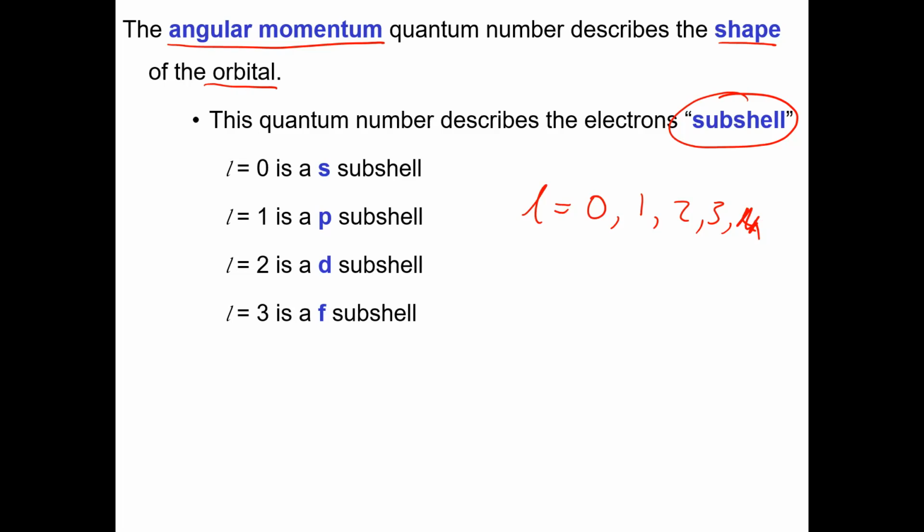So l equals 0 is also known as an s subshell. l equals 1 is also known as a p subshell. l equals 2 is also known as a d subshell. And l equals 3 is also known as an f subshell. Now, you might have heard these subshell names in previous chemistry classes.